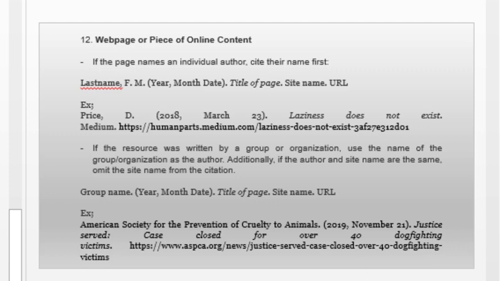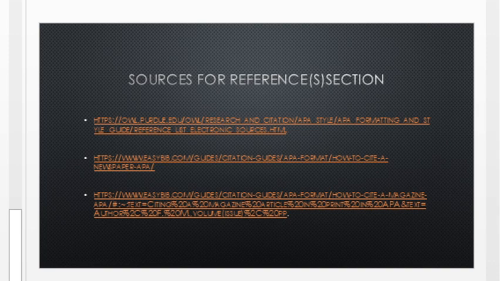These are the list of the sources that I used for information on references. I bet everyone has been using Old Purdue and also bib.com.